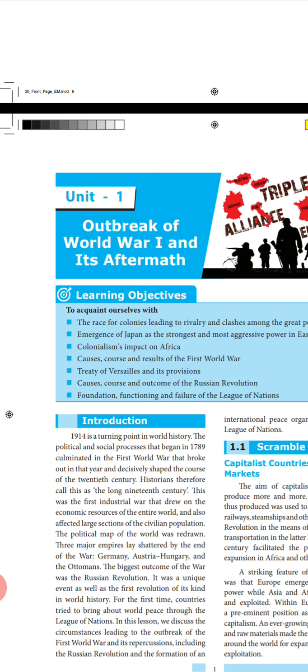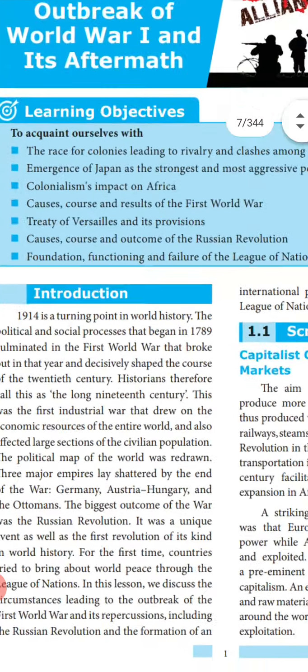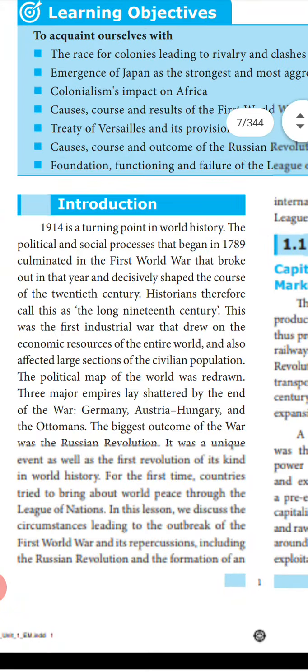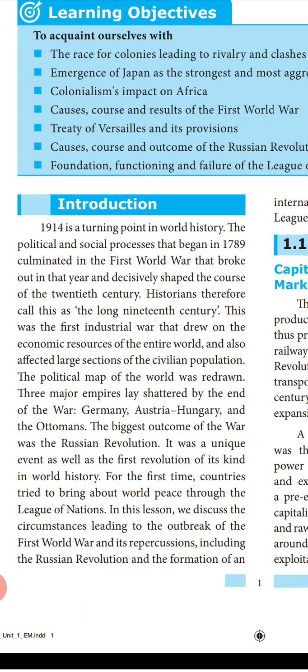So the political and social process that began in 1789 culminated in the First World War that broke out in that year and decisively shaped the course of the 20th century. Historians therefore call the 19th century the long 19th century.